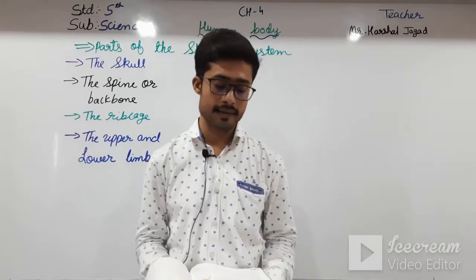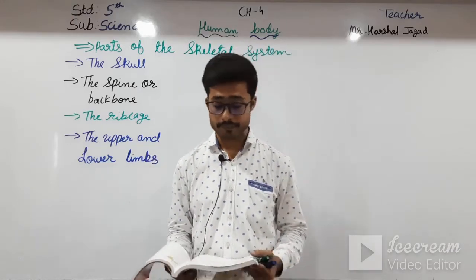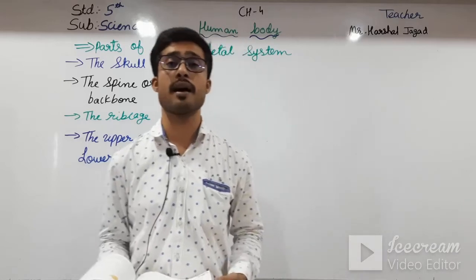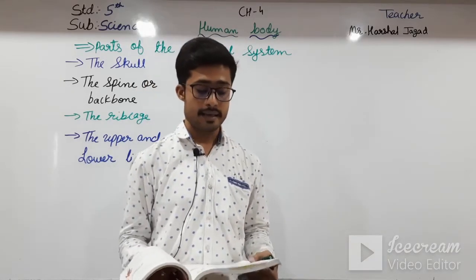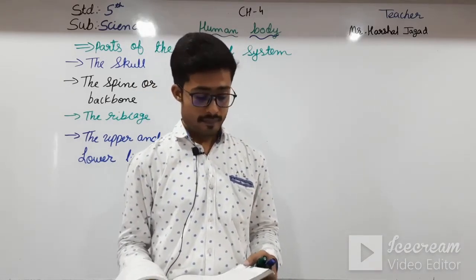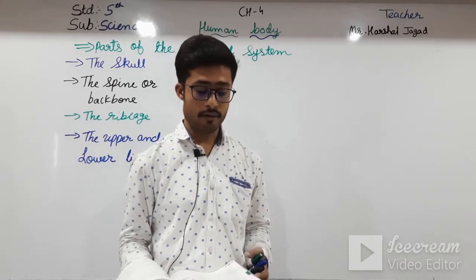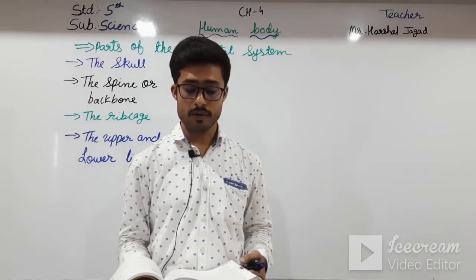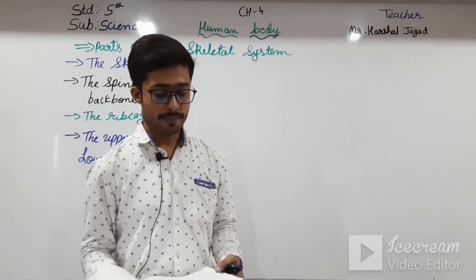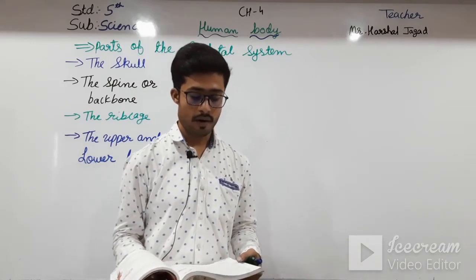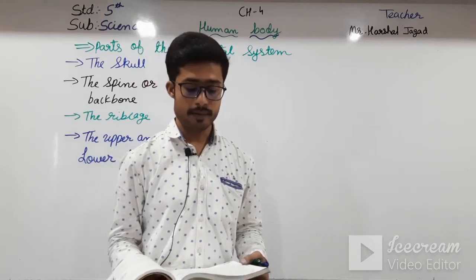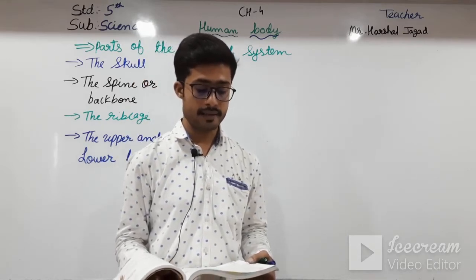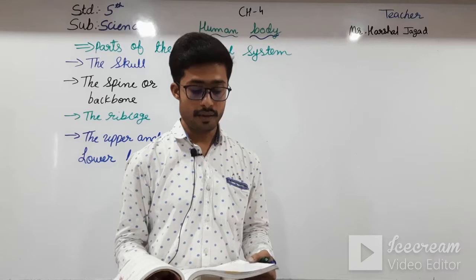Moving on to the next, that is limbs. First of all, what are limbs? Let us see that. Here I am reading that we have a pair of upper limbs or arms and lower limbs or legs. The arms have long bones, the humerus in the upper arm and the radius and the ulna in the lower arm.